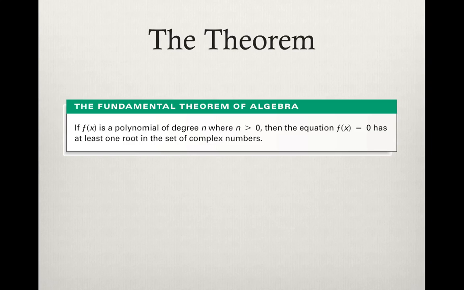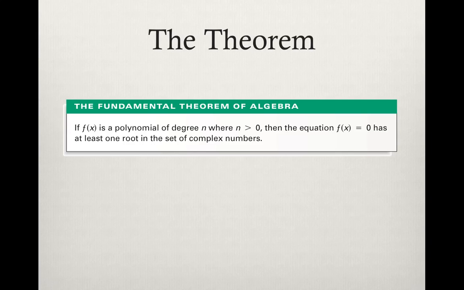Now keep in mind, the set of complex numbers includes all real numbers as well as imaginary numbers and full complex a plus bi kinds of numbers. So it's saying it has to have at least one root in that set of numbers. Well, that kind of sounds like a no-duh moment. It doesn't sound like it's that big a deal.